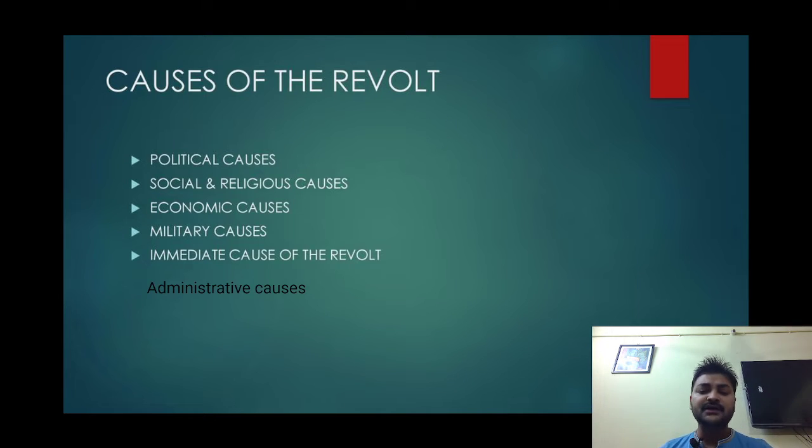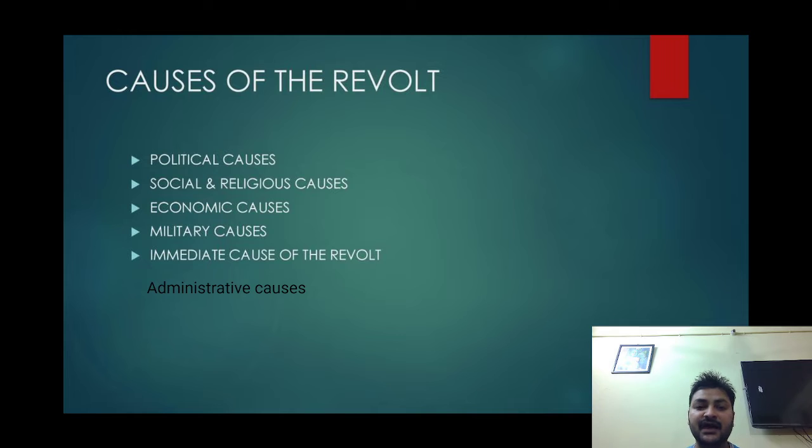Now, what more are the causes behind this war? There were certain social causes, religious causes. We'll be discussing each and every cause in a very detailed manner in the upcoming slides. There were economic causes. See, money plays a very important role in anything, especially when you are ruling a nation.